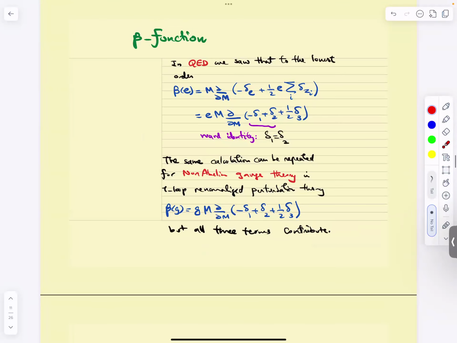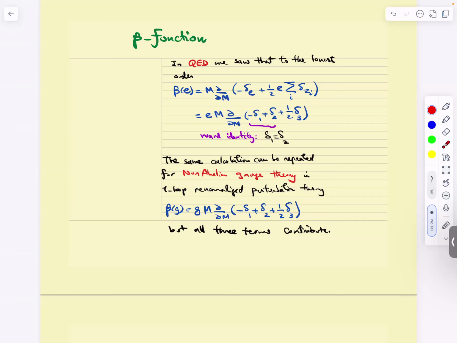Now, to compute the beta function, in QED, we saw that to the lowest order, the beta function is m d/dm of basically only the counter terms, because the only dependence on m comes from the counter terms, given that we have a normalization condition at order m squared at energy scale m squared.